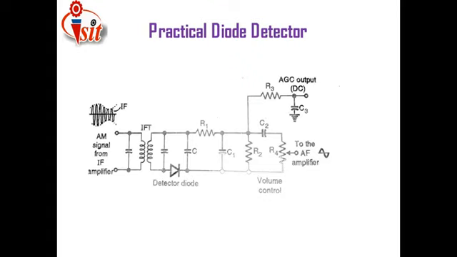That intermediate frequency, along with the amplitude modulated signal, we apply to the practical diode detector. Here the diode detector is connected. The diode will act as forward biased as well as reverse biased. If the diode is forward biased, the positive envelope is detected.